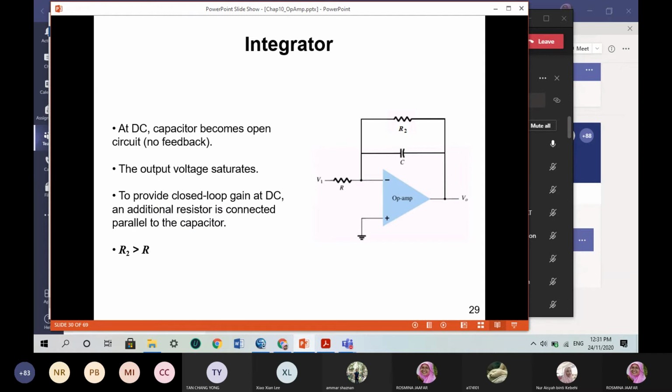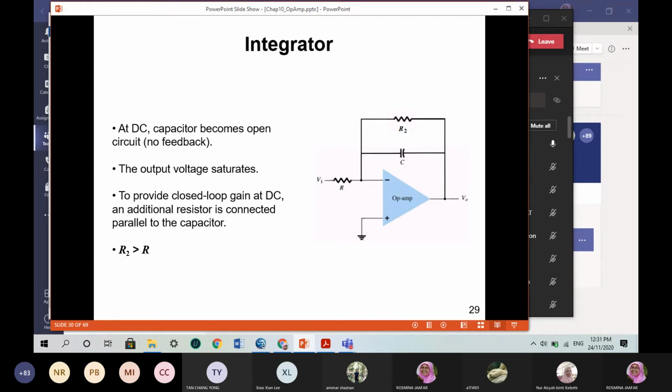Okay. At DC, the capacitor becomes open, and to make the op-amp work as an integrator, you need to introduce a feedback resistor in parallel to the capacitor in the feedback path of the op-amp. So when you have only R1 and then C and then VO, that circuit is a differentiator.